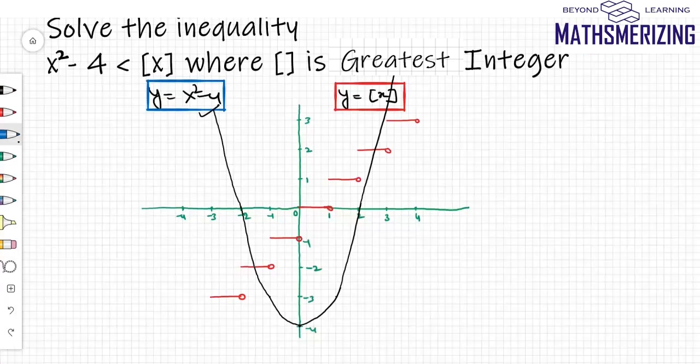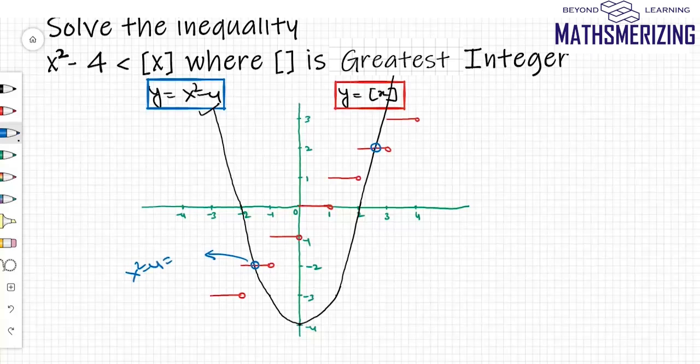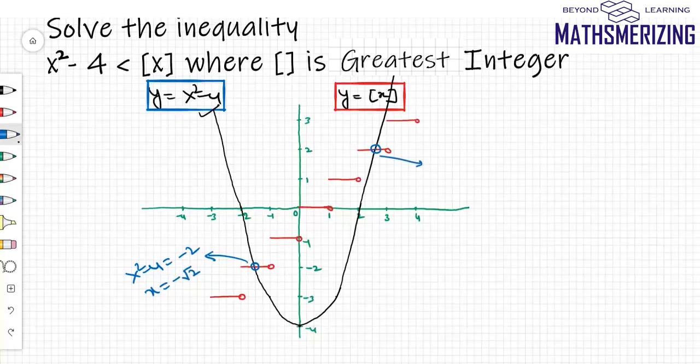Now there are 2 points of intersections. For this point of intersection, I will write, and this point of intersection is intersection of x square minus 4 and 2. So I'll get x as root 6.